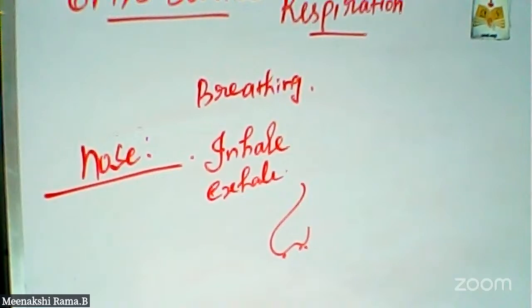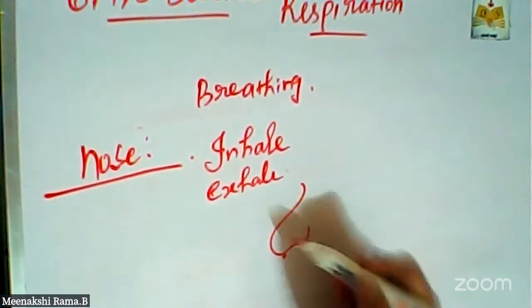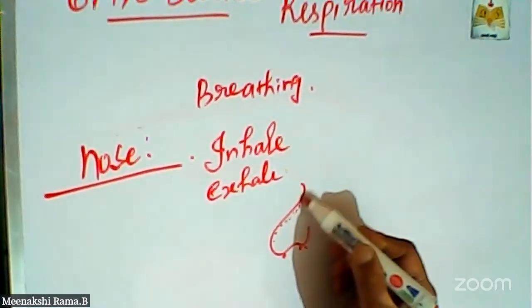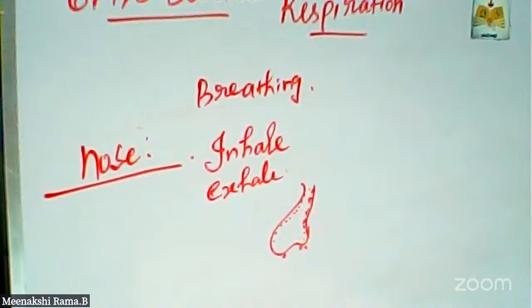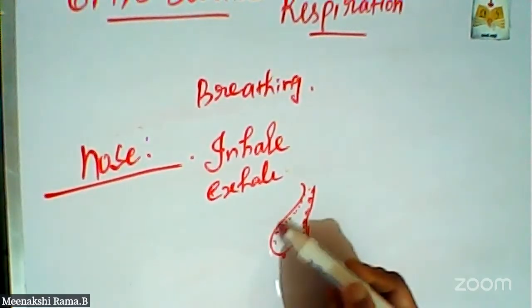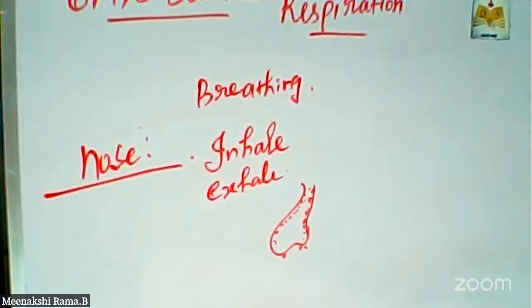The inner surface of the cavity has cilia and mucus-producing cells, sticky mucosa. The unwanted dust particles are filtered in the inner part of the nose. This is the main function of the nose.